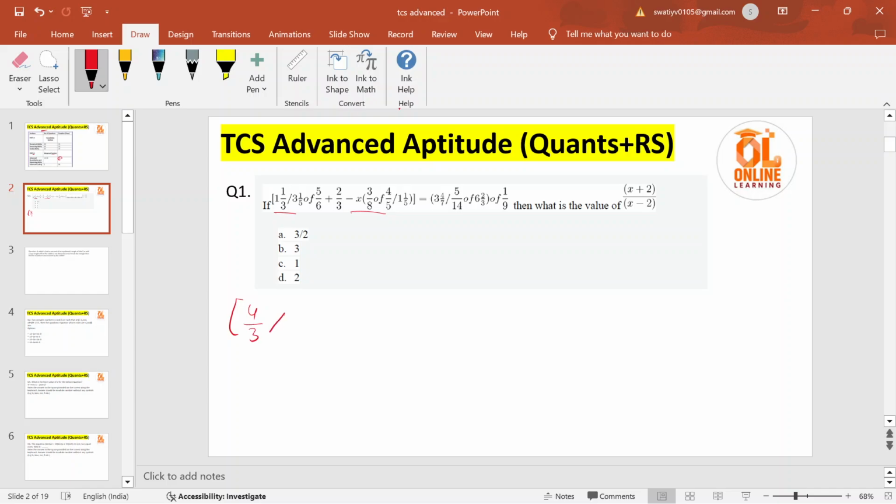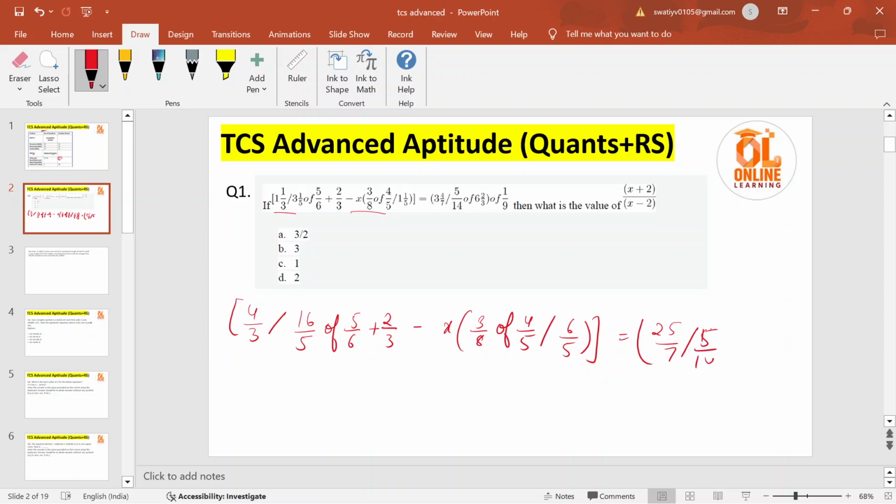4 by 3 divided by 16 by 5 of 5 by 6 plus 2 by 3, minus 3 by 8 of 4 by 5 divided by 6 by 5, is equal to 25 by 7 divided by 5 by 14 of 20 by 3 of 1 by 9.